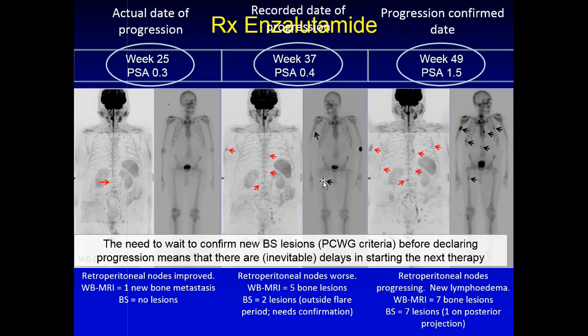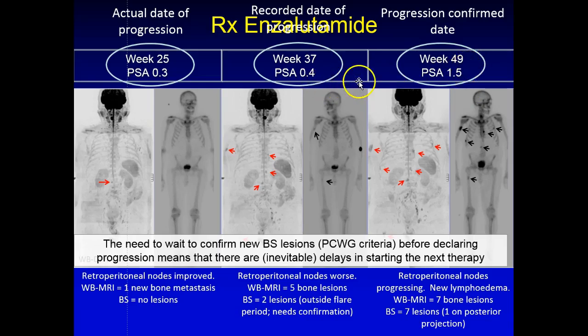Now, is this disease progression at week 37? Well, if you use the Prostate Cancer Working Group 3 criteria, we need to wait at least another 8 weeks to confirm the presence of the same lesions that have just been seen. So we wait to week 49.